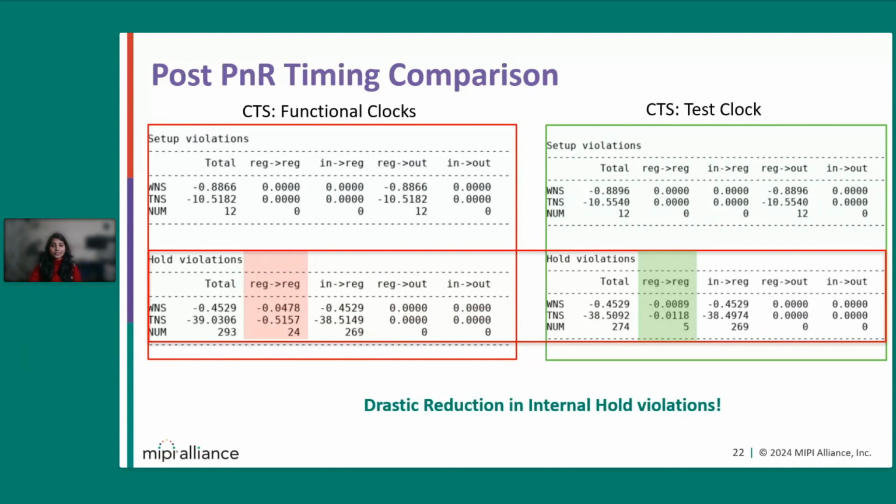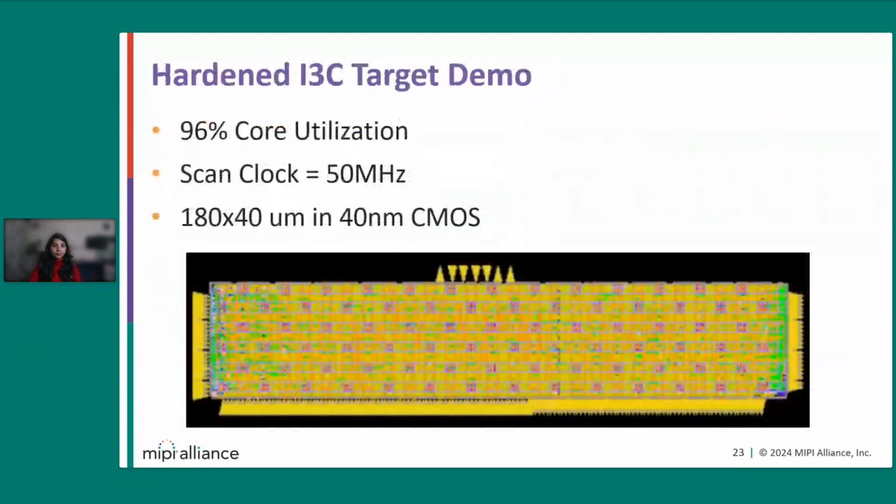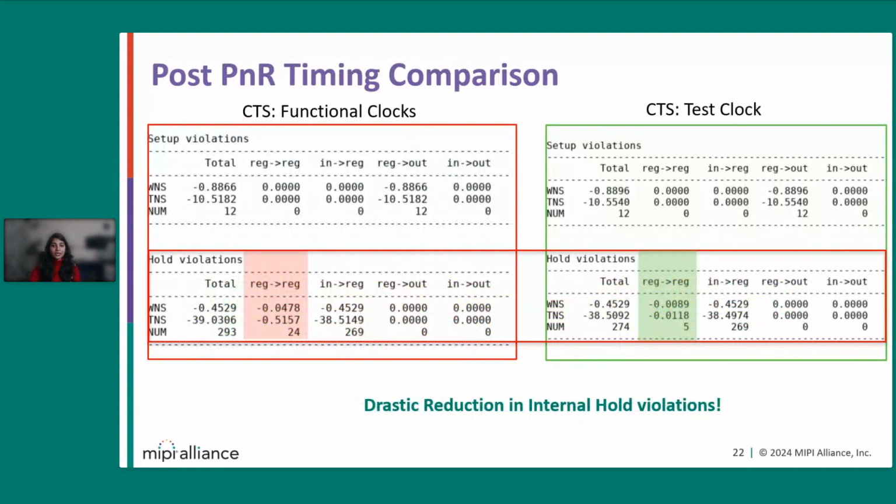So the first case results in a design that will use multiple buffers to fix hold violations. Here we are saving a lot of buffers, which translates to less power and area. So we can say that if we have a balanced clock tree with the test clock, we can have much lower hold timing issues, and we need fewer buffers to fix the hold violations.